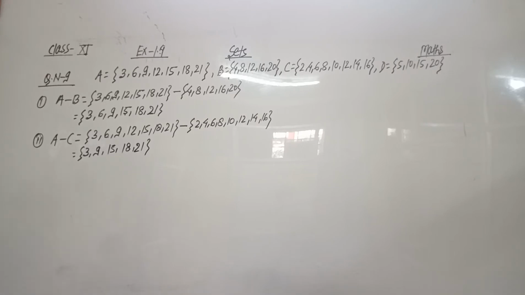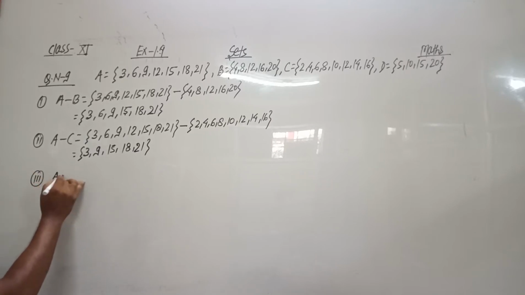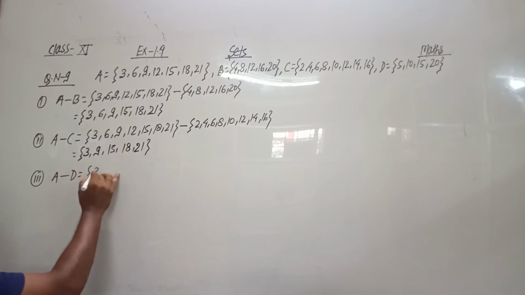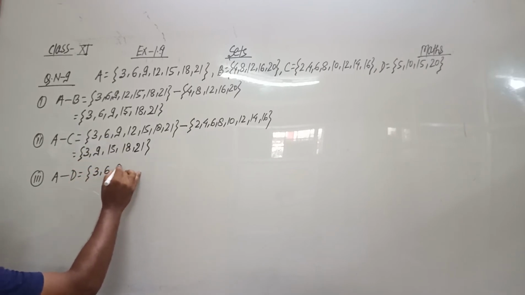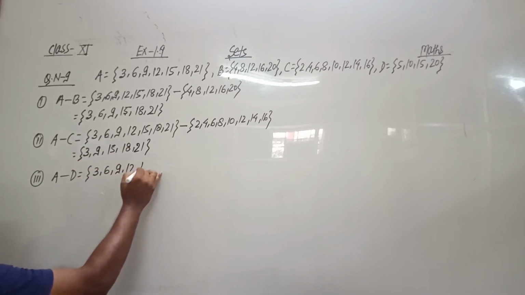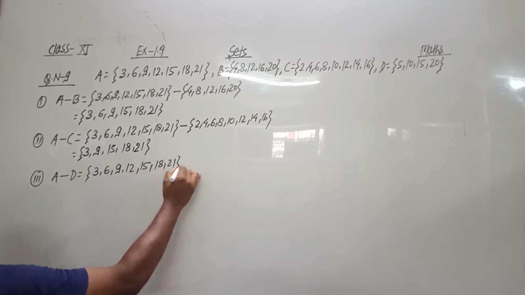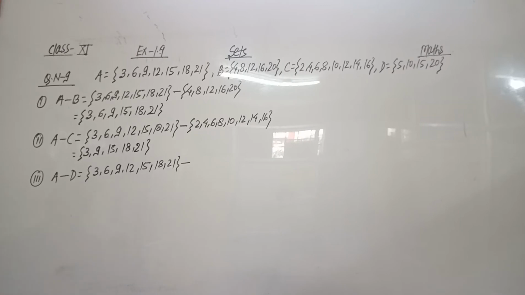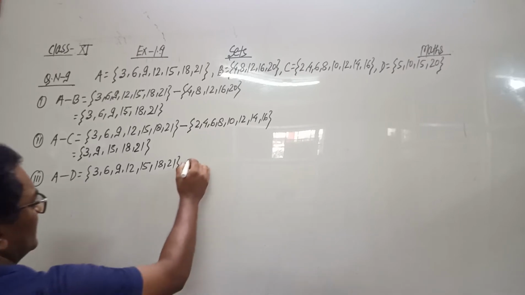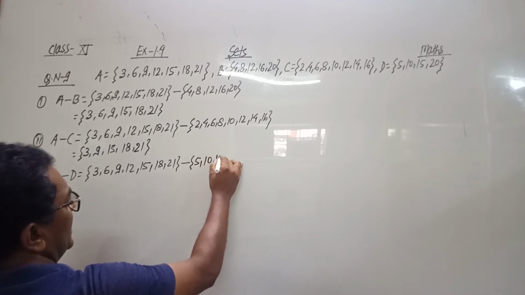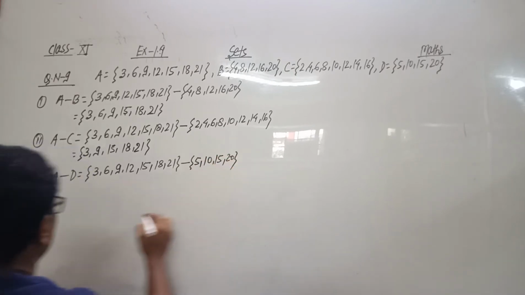Then the third is A minus D. Set A: 3, 6, 9, 12, 15, 18, 21, minus set D, which is 5, 10, 15 and 20.